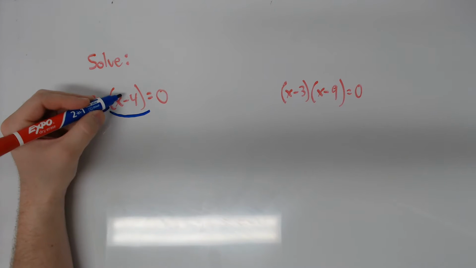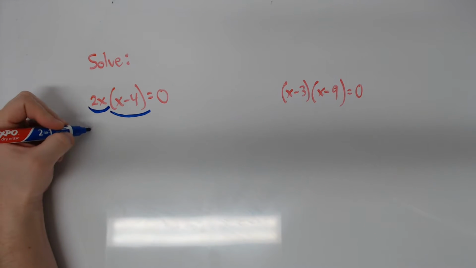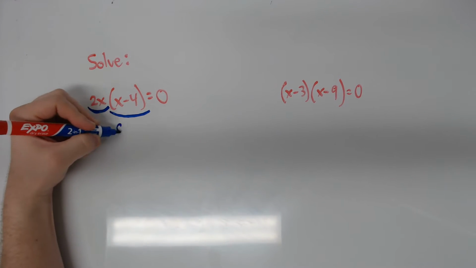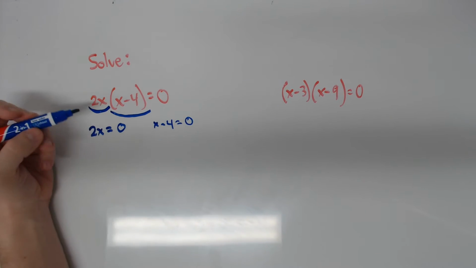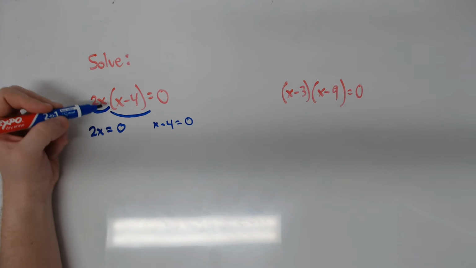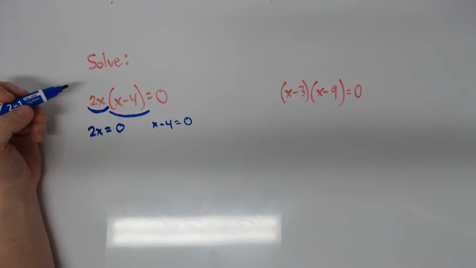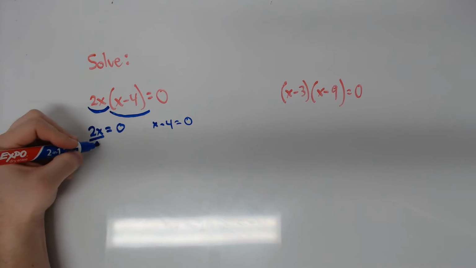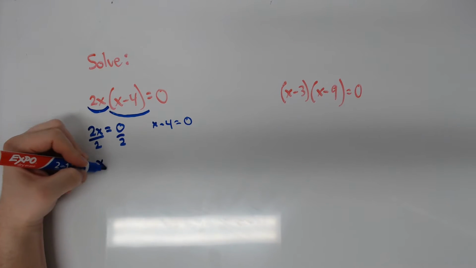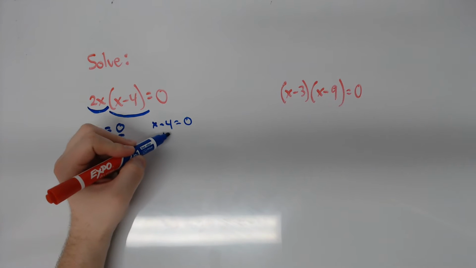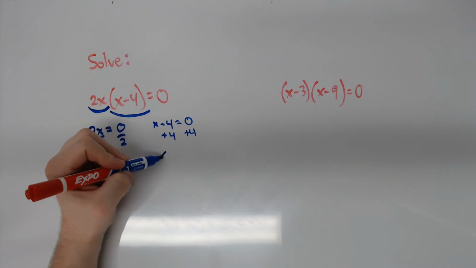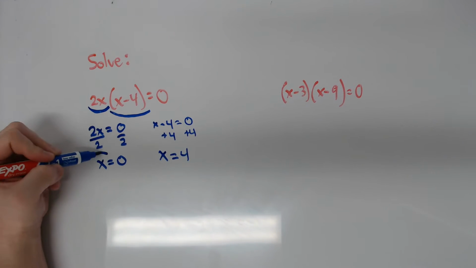So to get these two things to multiply together and equal 0, 2x can be 0, or x minus 4 can come out to 0, and in either one of those situations, we would have 0 times something. So if I solve each of these equations, x equals 0 is one possibility. This one I have to add 4 on both sides. x equals 4 is another possibility.